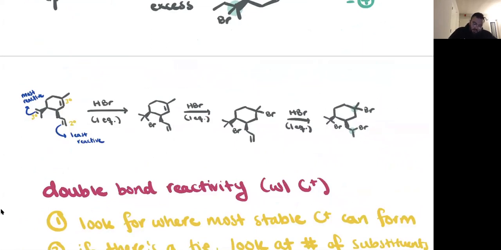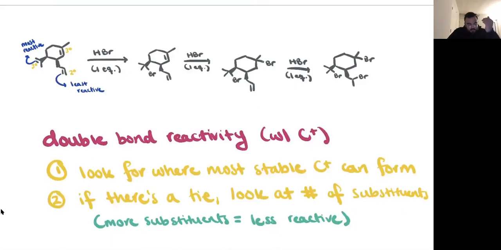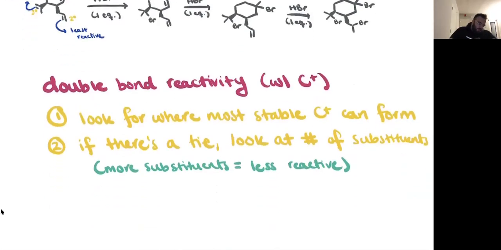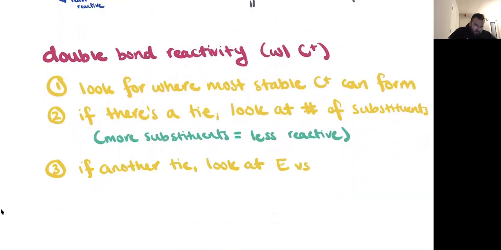Now, this is all going to change when we start talking about reactions that do not undergo carbocation mechanisms. Cool. Not too terribly different. In fact, it just starts with a tiebreaker, but you will see when we actually do an example. And FYI, just to continue on with this, if there was a tie for this, look for whether the double bond is E versus Z. Cool.